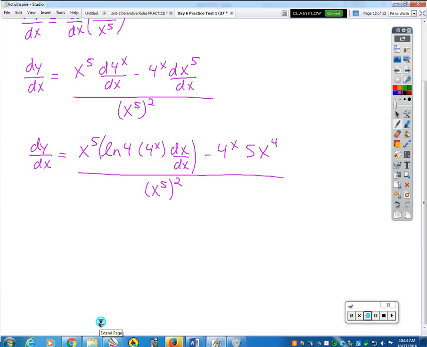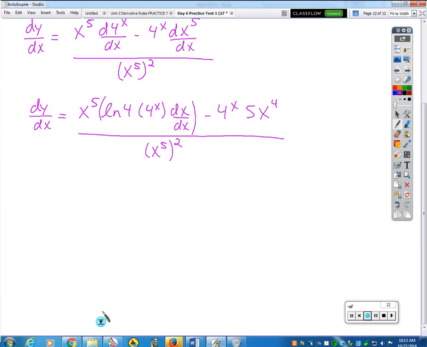Deborah, you can take out x to the 4, and 2 for Deborah. Deborah's going to factor x to the 4th and 4 to the x from both of these two expressions. So someone tell me, when x to the 4th and 4 to the x is factored from this expression, what are the remaining factors?